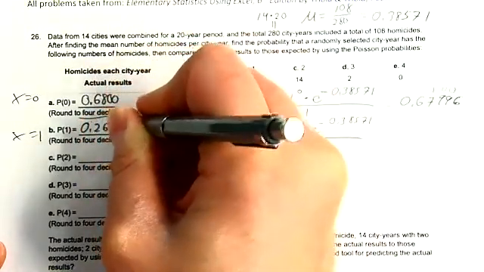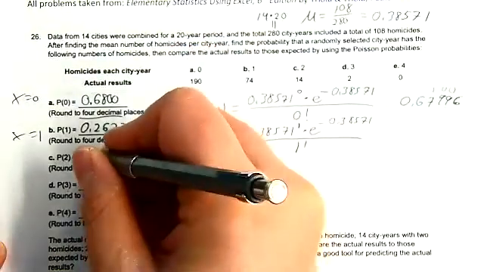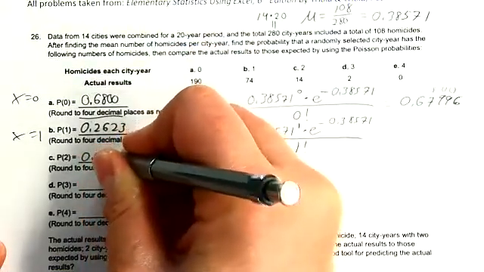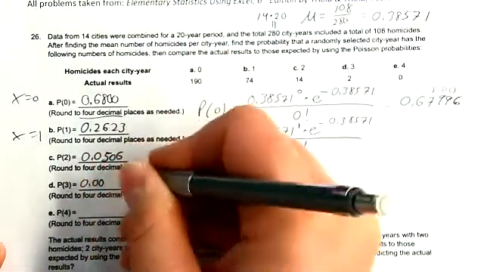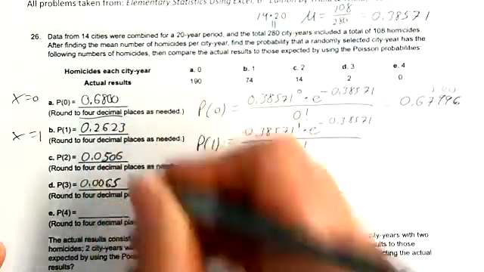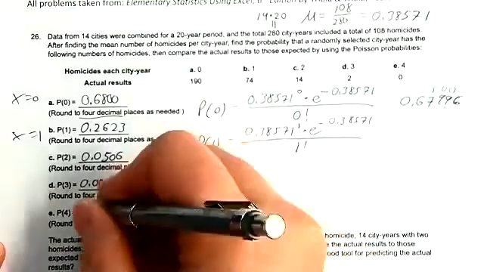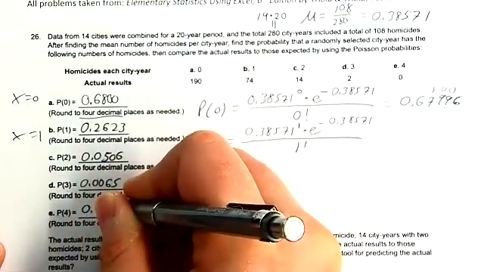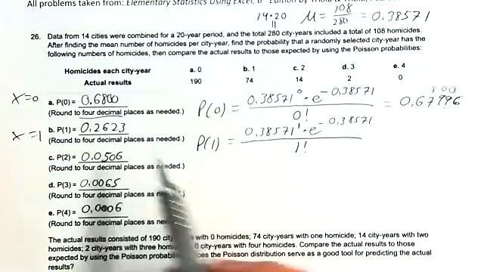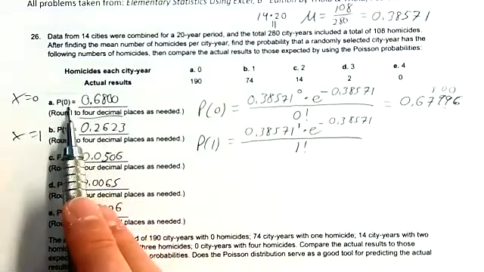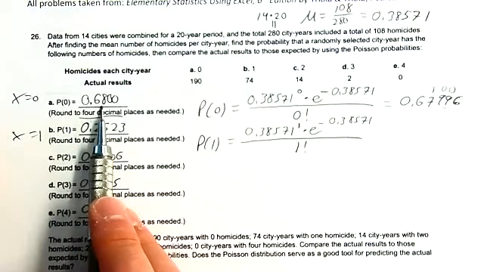0.2623, 0.0506, 0.0065, and 0.0006. So if you look at the size of these numbers, the probability of 0 homicides in any given year is 68%, which is pretty high.